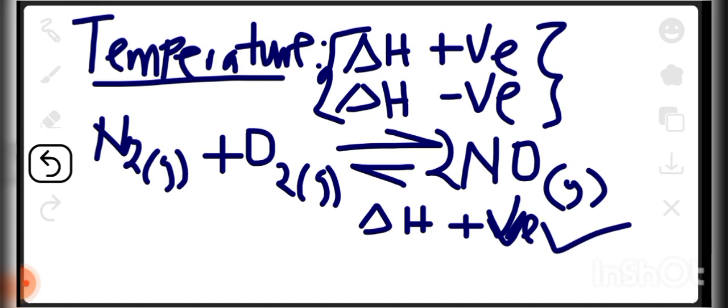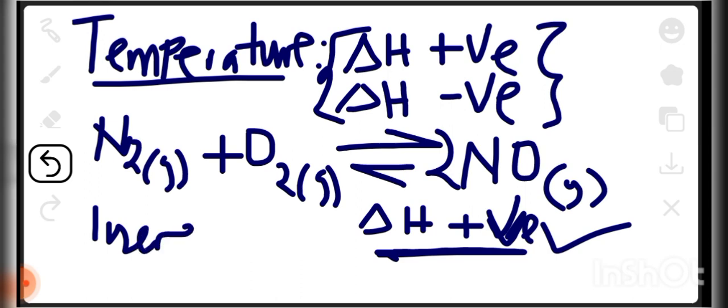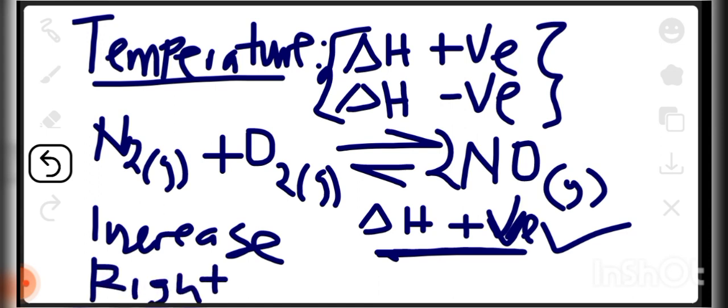Next, you take note of this rule. For an endothermic reaction, if you increase the temperature, the equilibrium position will shift to the right, or we favor the forward reaction, or we favor the product.